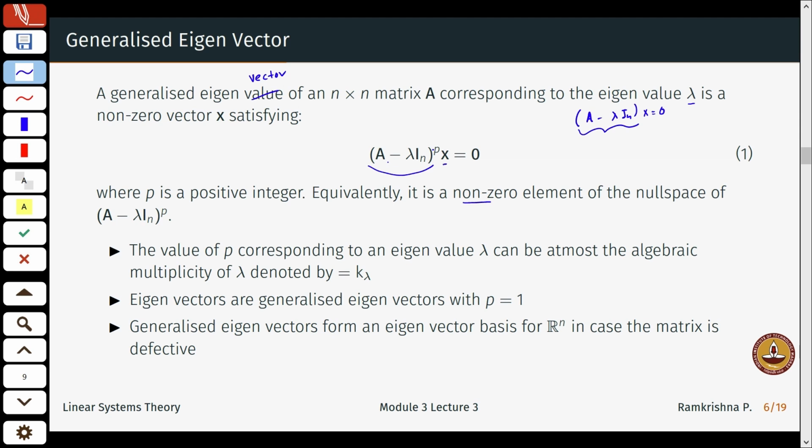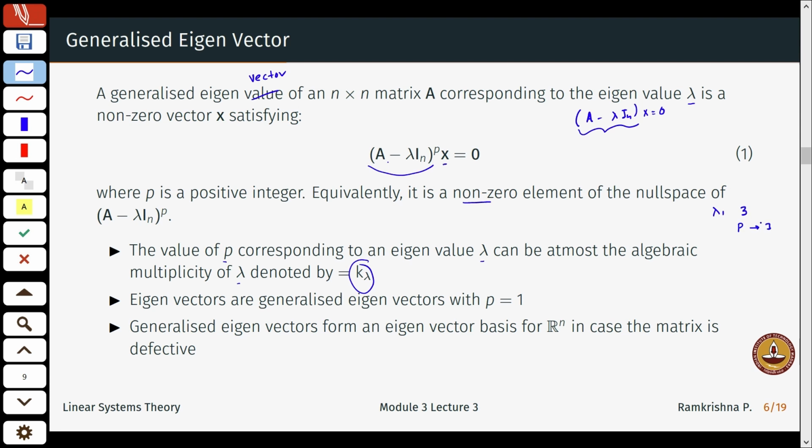So, the value of p corresponding to an eigenvalue can be at most the algebraic multiplicity, let us say denoted by some number k_i, which means that if I have an eigenvalue, say lambda 1 occurring 3 times, then this p can at most be 3.